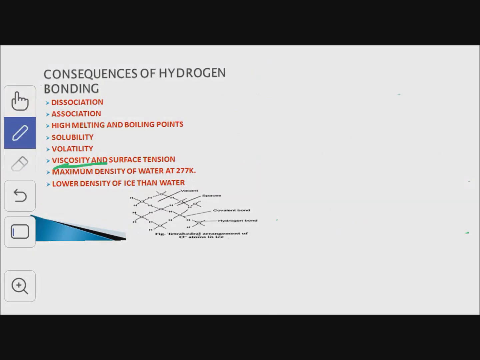Next result is viscosity and surface tension. What do you mean by viscosity? Viscosity is the resistance to the flow of fluids or liquids, and surface tension is the attractive interaction by the molecules in bulk. Suppose these are the molecules in bulk, and these are molecules on the surface.